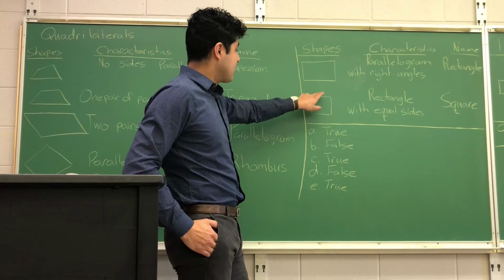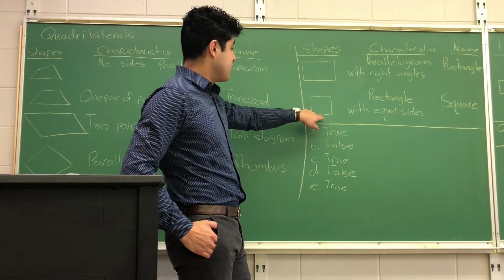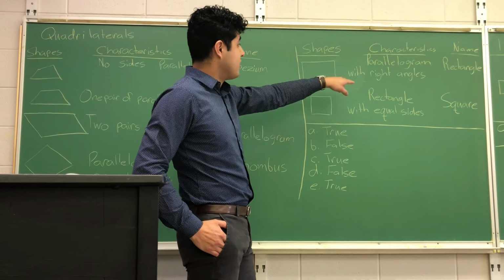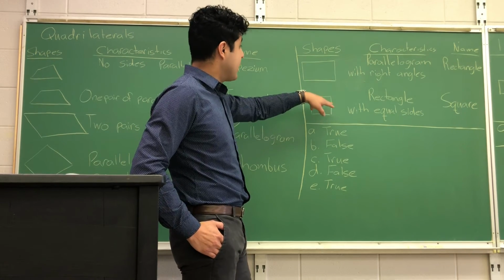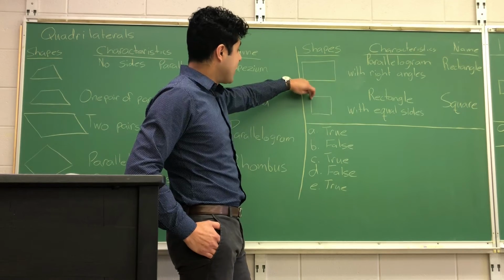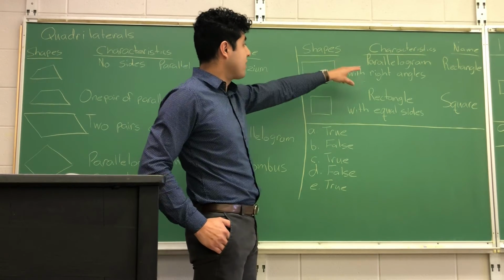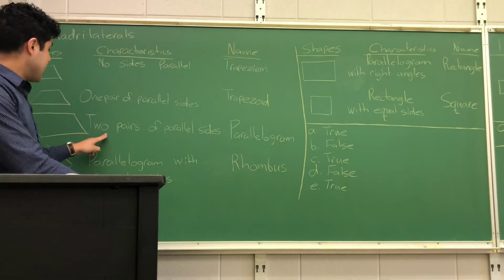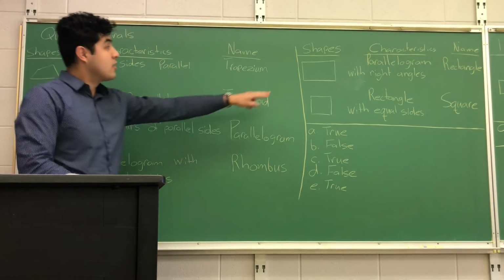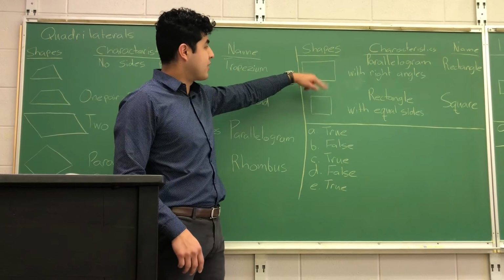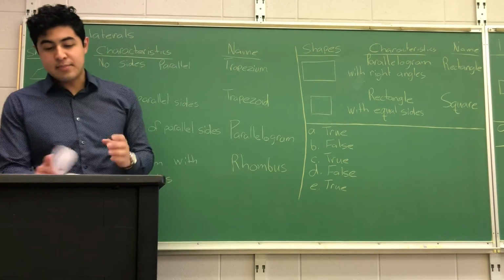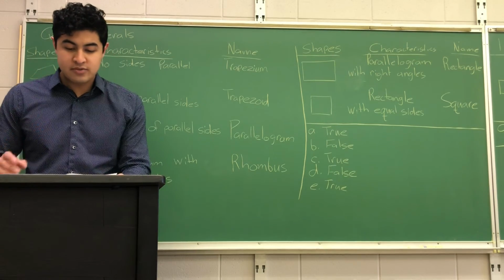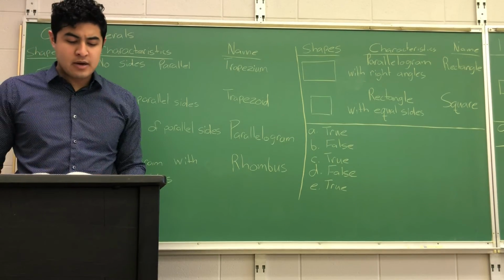This top line is parallel to this line, and these two side lines are parallel. So it does have parallel lines, and it has right angles, okay? So it's a parallelogram. A parallelogram is a shape with two pairs of parallel lines. Both of these have parallel lines. So yes, the statement is true. Some rectangles are squares is a true statement.